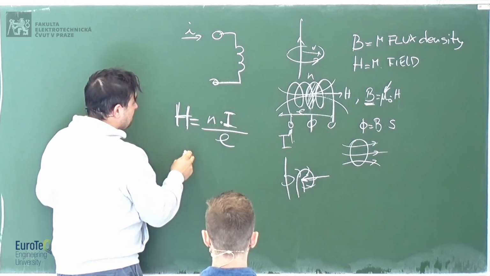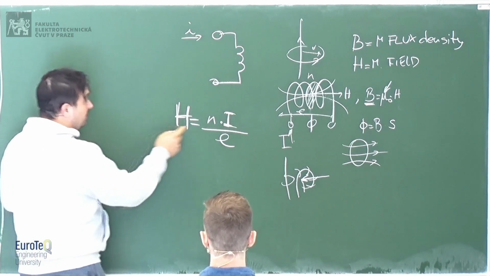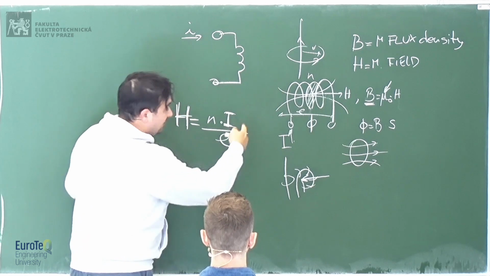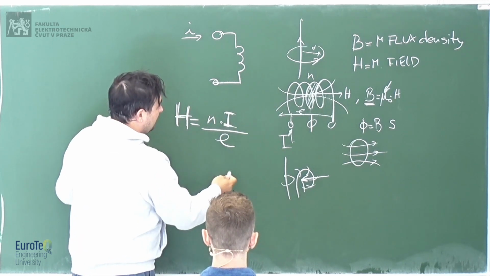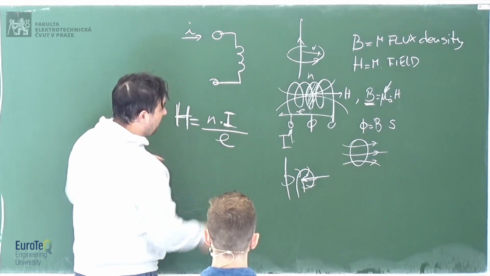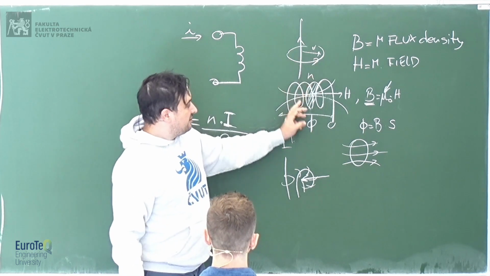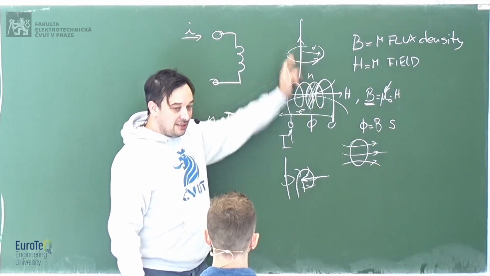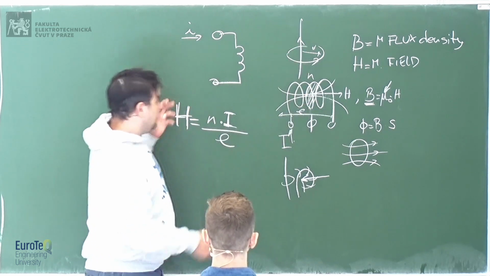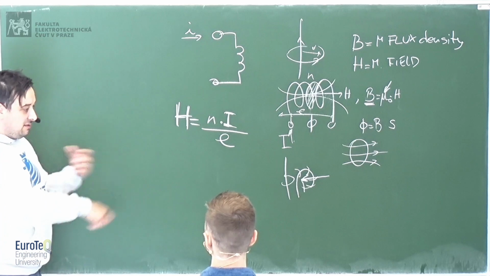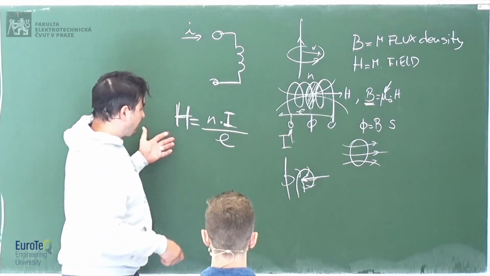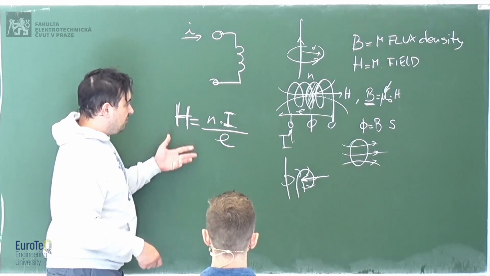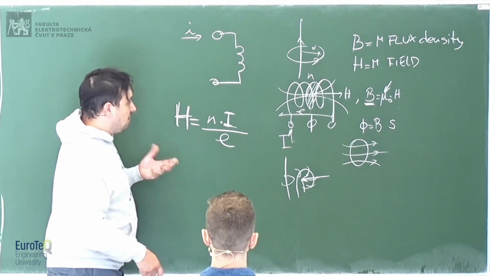Now, N could change if you have a variable inductor. From Maxwell, from the equation of Ampere's law, the integral of H over a closed loop is equal to the current, which means if you double the current, you double the magnetic field. It could have any shape, a straight wire, a solenoid, whatever. At the end of the day, you double the current, you double the magnetic field.